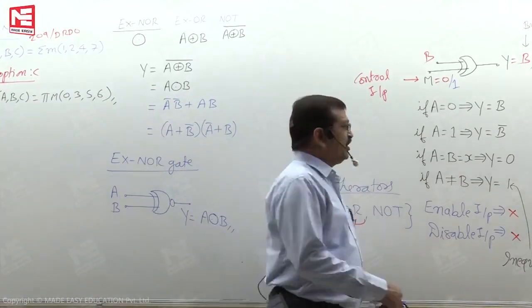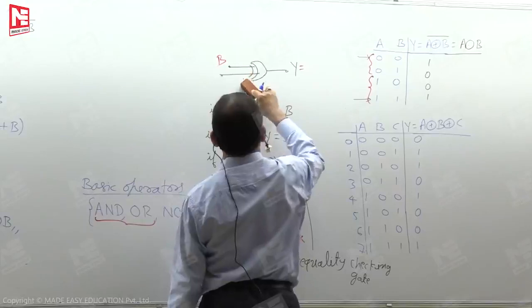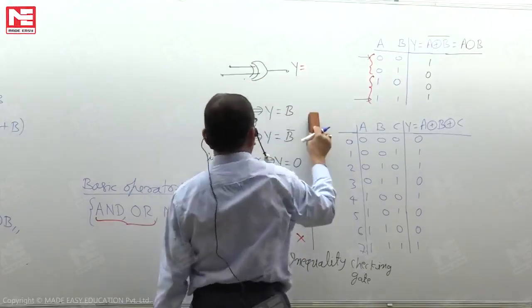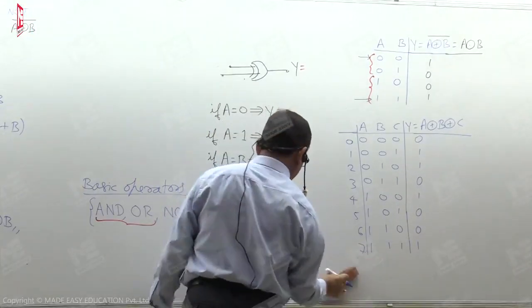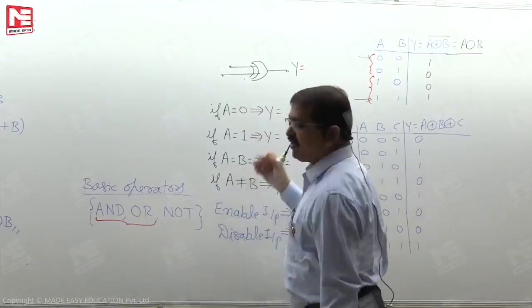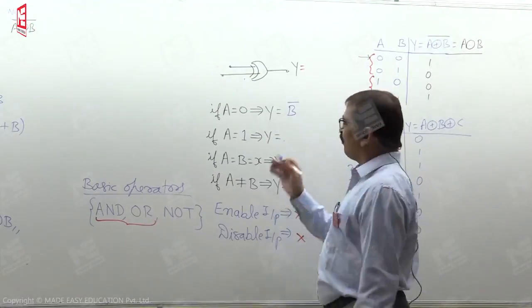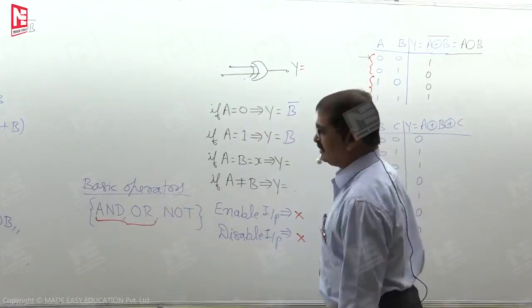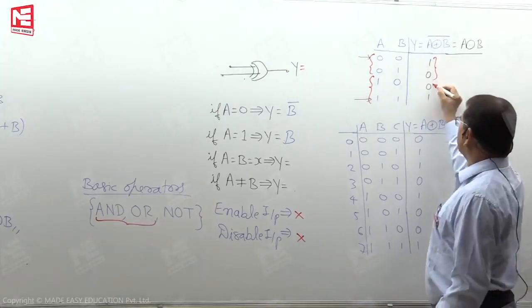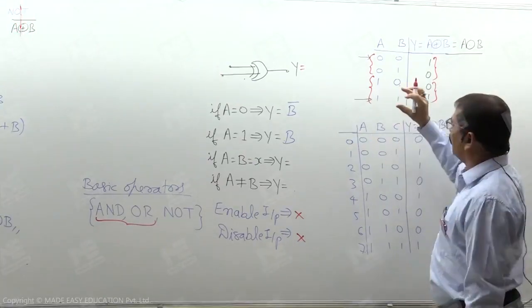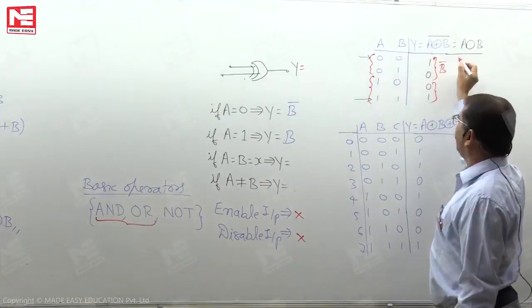And if you look at these results here, whenever one of the inputs is 0, it is giving the complement of the second input. Whenever one of the inputs is 1, it is giving the output same as the other input. As usual, looking at the first two rows and last two rows, whenever one of the inputs is 0, if B is 0 the output is 1, if B is 1 the output is 0. So it is a complement of the other input.